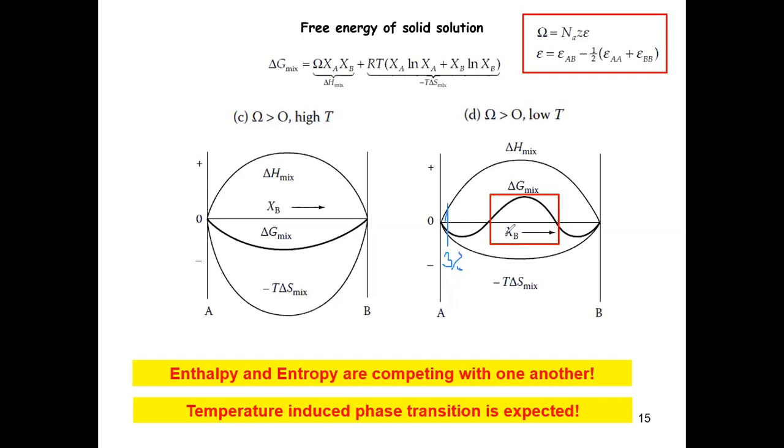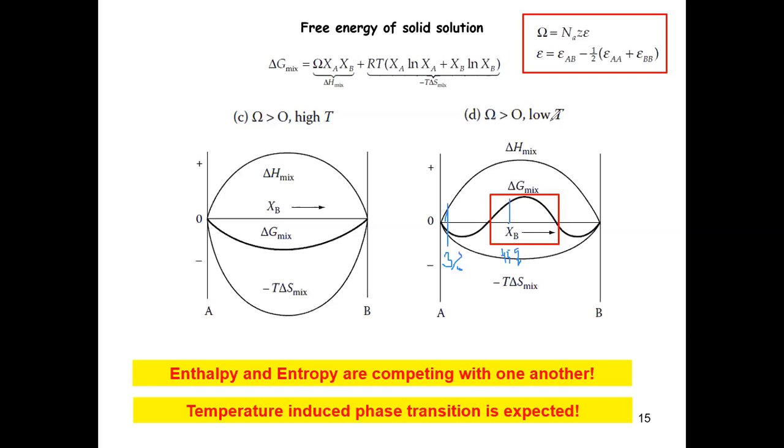On the other hand, if I'm preparing a system at, for example, 45% of B in A, we're going to see a phase transformation in this system. We may not know exactly the details of this transformation, but we do know that at high temperature the system favors a solid solution. They all want to mix together.